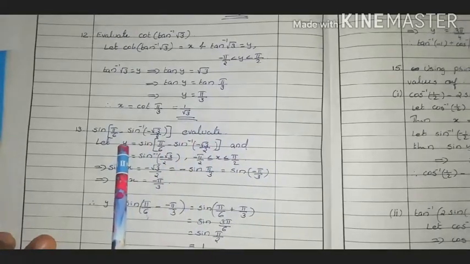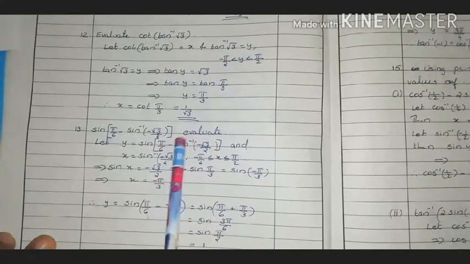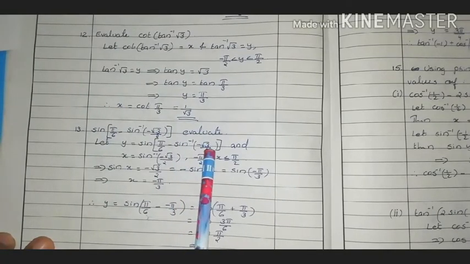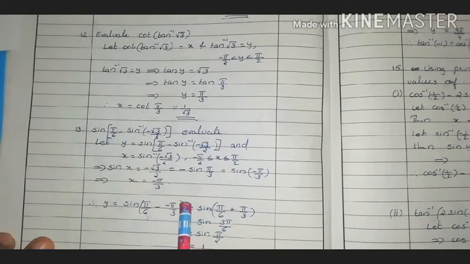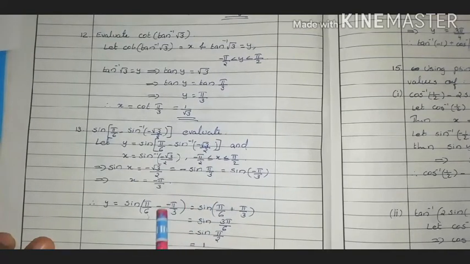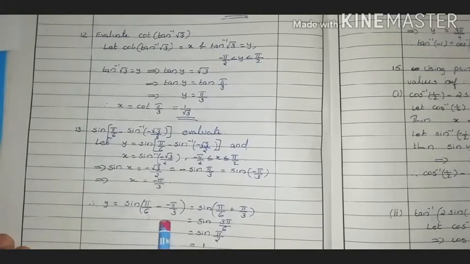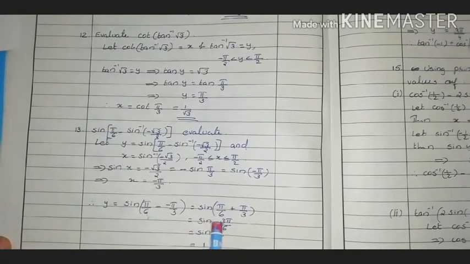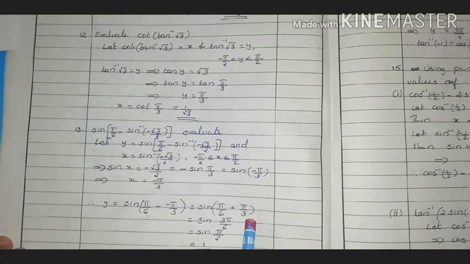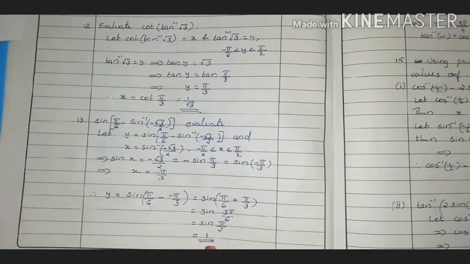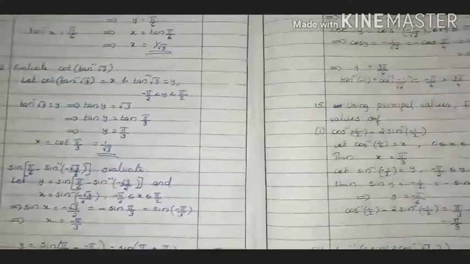So y is equal to sin of pi by 6 minus (minus pi by 3). Sin inverse minus root 3 by 2 is minus pi by 3; instead of that we substitute minus pi by 3. So sin of pi by 6 plus pi by 3 is equal to sin pi by 2, and the value of sin pi by 2 is 1. Then next question.